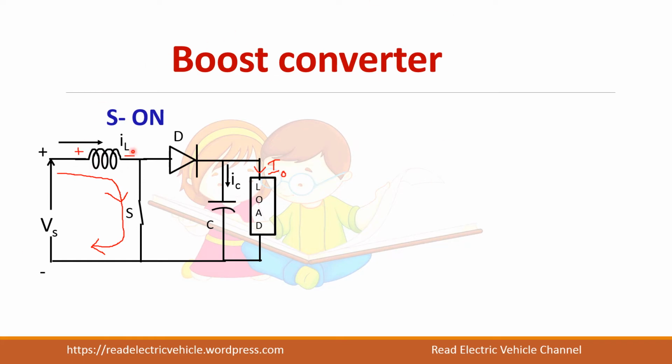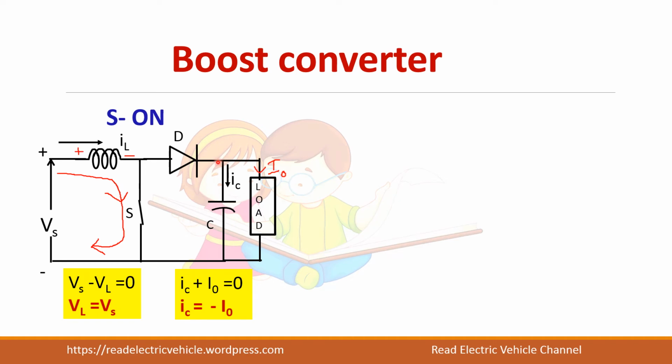So we can write the equation Vs minus VL is equal to 0. So VL equal to Vs. In this case, this diode remains reverse biased and the load current is supplied by the capacitor current. The capacitor discharges to supply the load current.